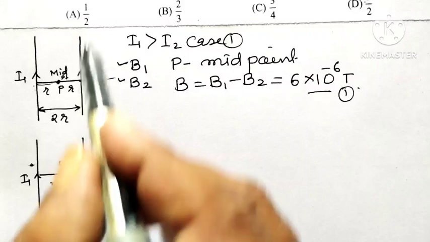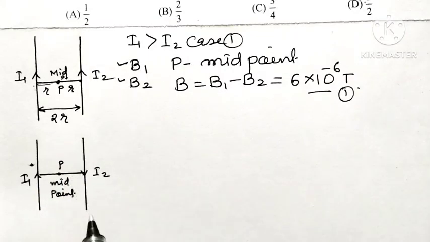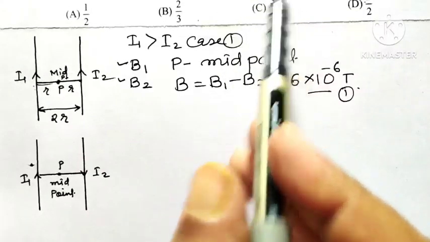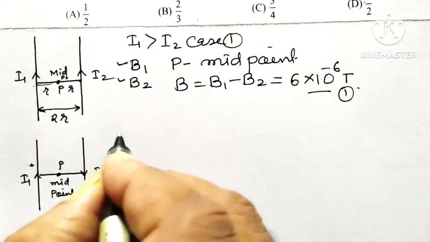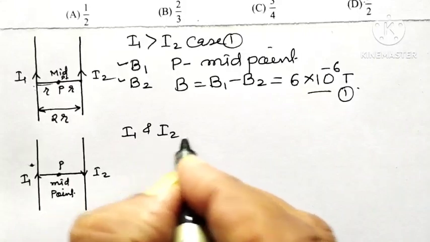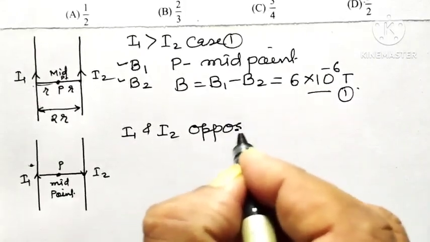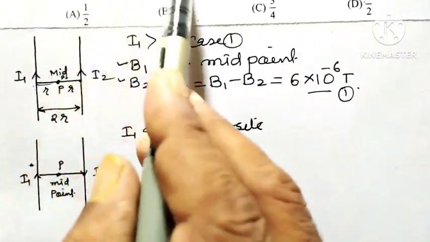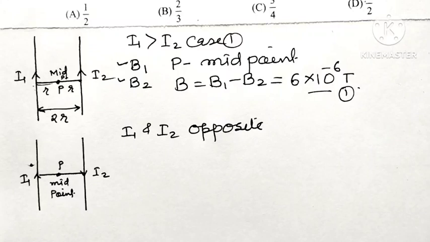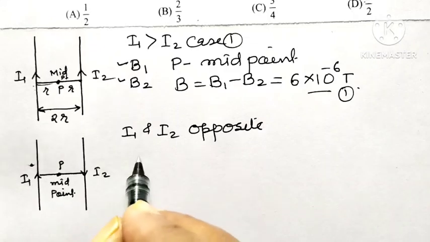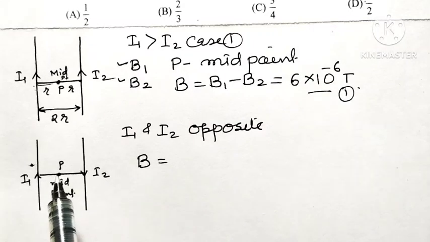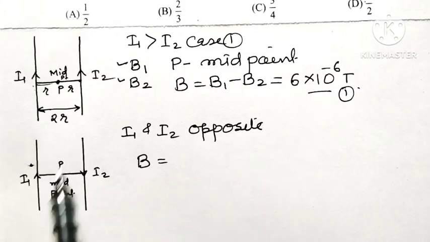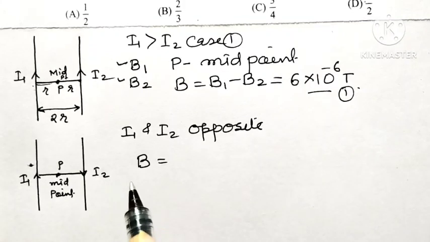In the first case I1 and I2 flow in the same direction; in the second case the direction of I2 is reversed, so I1 and I2 flow in opposite directions. Whenever two long parallel wires carry current in opposite direction, the magnetic fields at the midpoint P lie in the same direction, hence they will add.